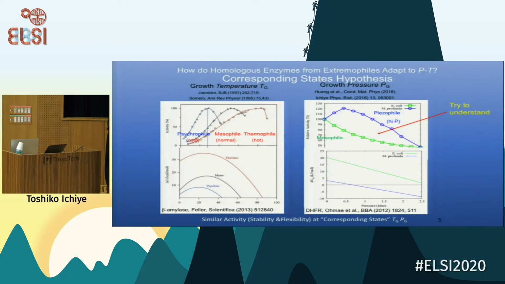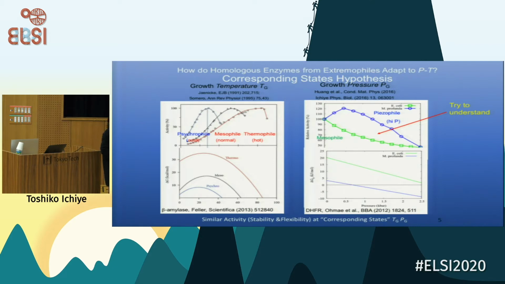If you look at the unfolding pressure, because pressure also unfolds proteins, the unfolding pressure of the piezophile, the high pressure organism, is at about 0.7 kilobars, whereas that of E. coli is much higher.